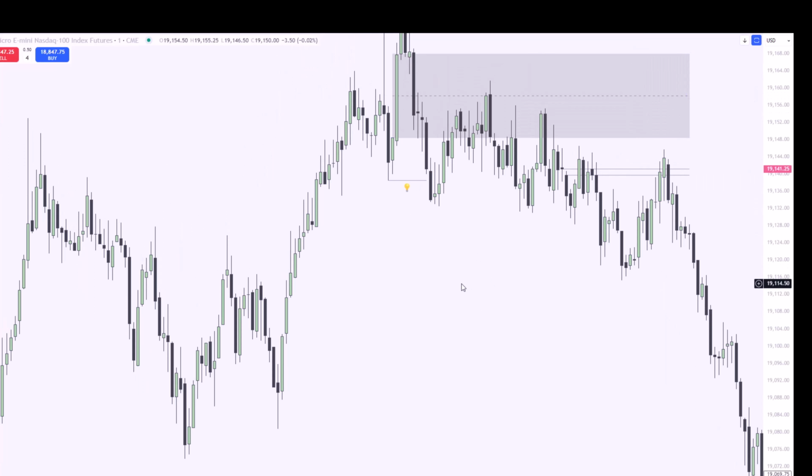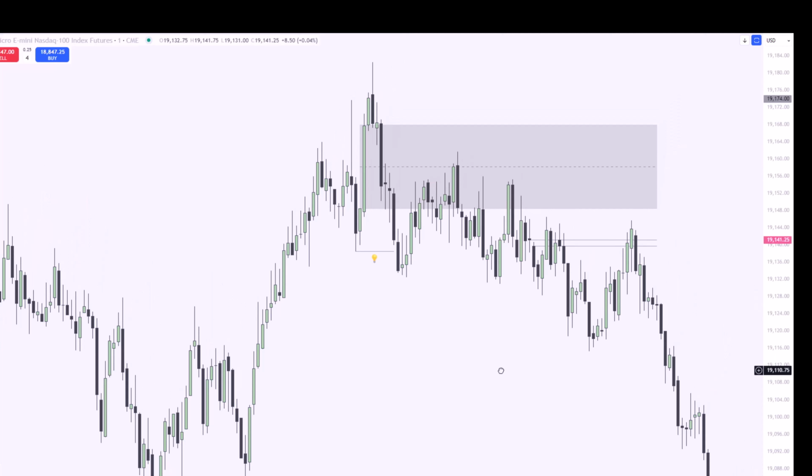You can also recognize fake market structure shifts. So in this case here, once price starts going up, you can implement the same logic and take, for example, this CB and see if this market structure shift here is valid.